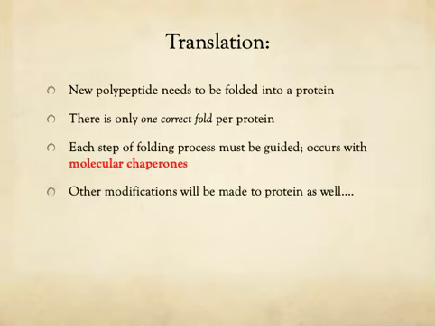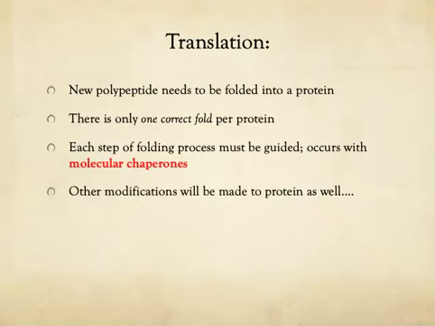That means that the folding process has to be guided. In other words, proteins are not allowed to simply spontaneously fold most of the time. Instead, the folding process is guided by molecules called molecular chaperones.